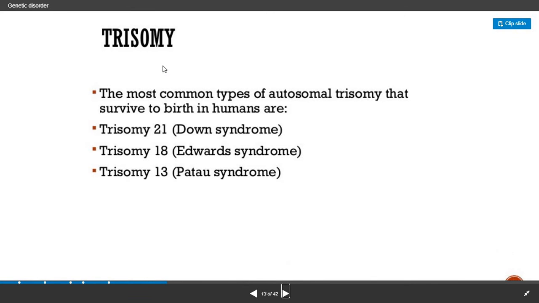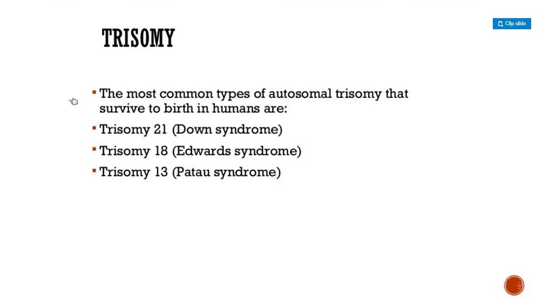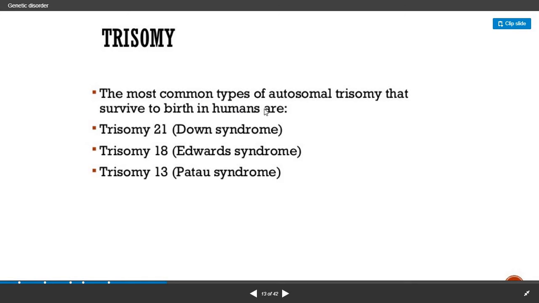Now, these are the most common types of autosomal trisomy that survive to birth in humans. If trisomy happens in the 21st pair, then the example is Down syndrome. If trisomy happens on the 18th chromosome, then the example is Edwards syndrome, and if trisomy happens on the 13th chromosome, then the example is Patau syndrome.